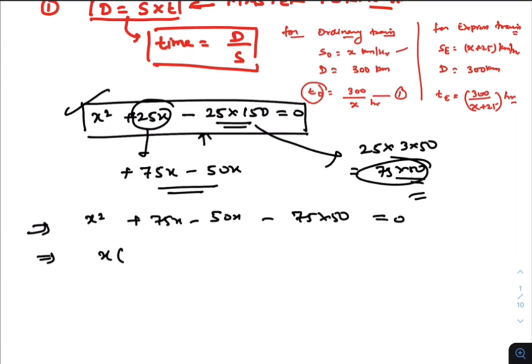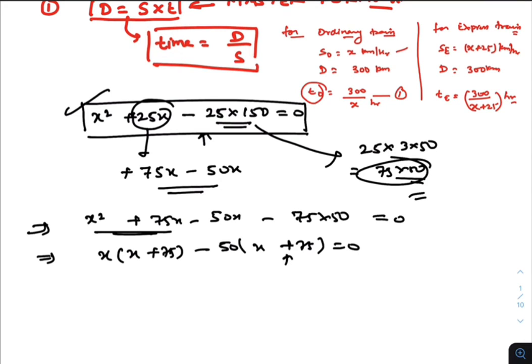Now take x common from this. From x square we take x, and the remaining will be x plus 75, minus 50 into x plus 75, is equal to 0. How do we get the plus here?